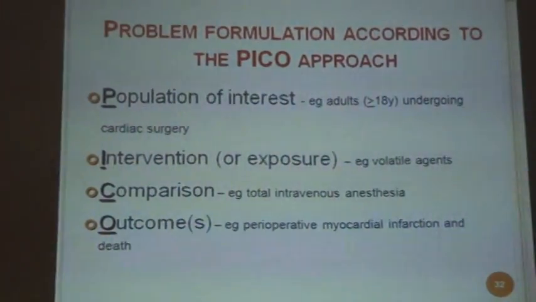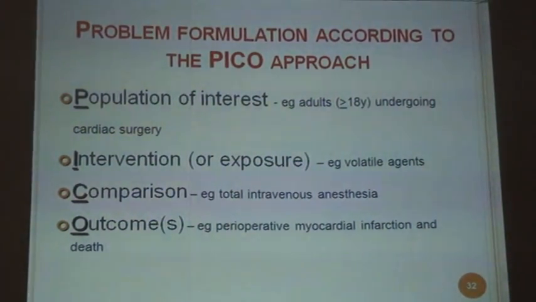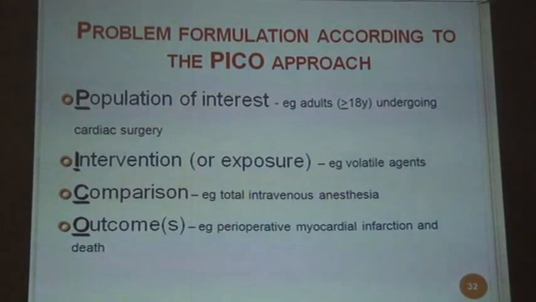In this regard, I just wanted to mention the PICO approach. We all know how the title of a particular study can be devised. The population of interest, in which population you are going to do the study, that is P. Then intervention, and this of course I have given from anesthesiology, what kind of intervention or exposure you are going to apply to that particular group of people, and what you are going to compare with, that is C, and then the outcomes, that is O, what you are going to study.